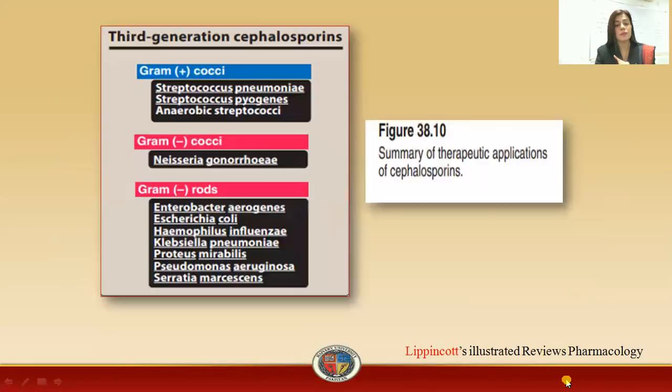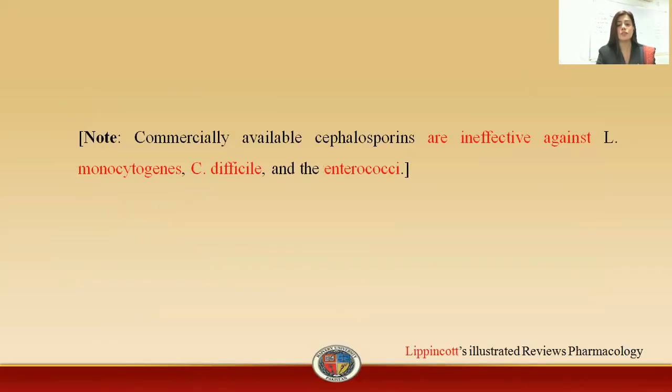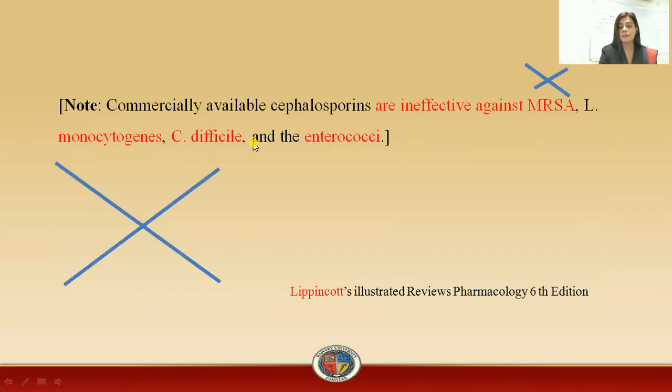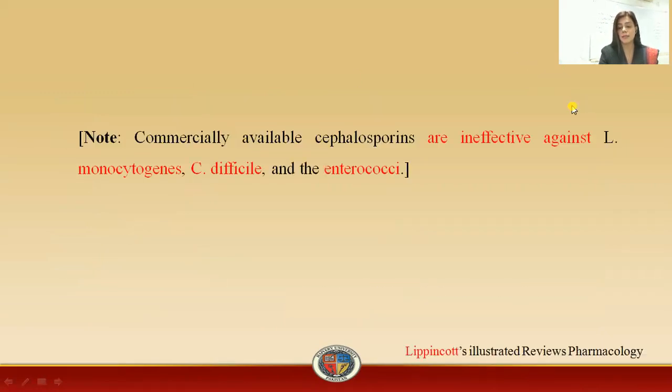So the author has written in the latest edition, he has skipped the word MRSA. Now he has written these are ineffective against monocytogenes, C. difficile, and the enterococci. So he's saying that now those drugs of the cephalosporins which are under the advanced generation are active against MRSA.